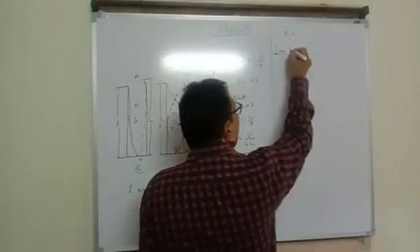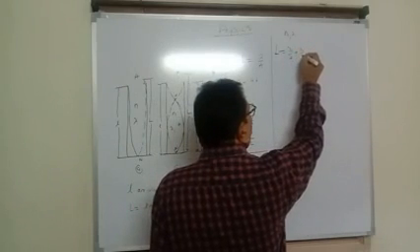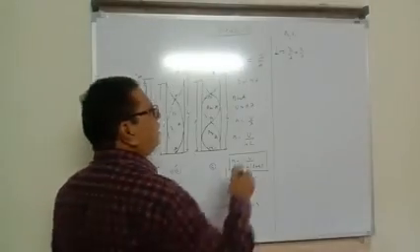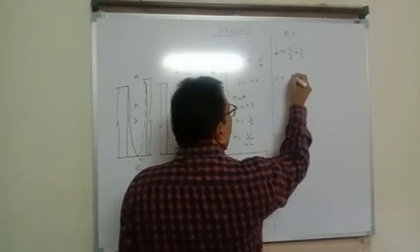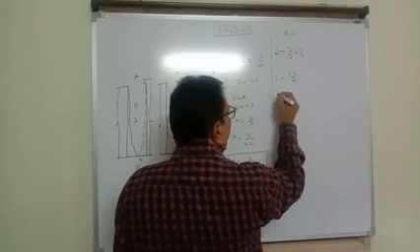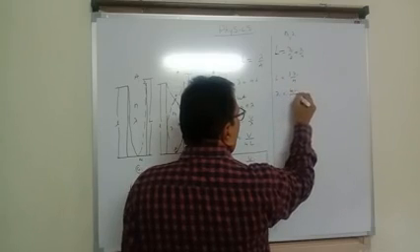So L is lambda 1 by 2 plus lambda 1 by 4, which is equal to 3 lambda 1 by 4, or lambda 1 is equal to 4L upon 3.